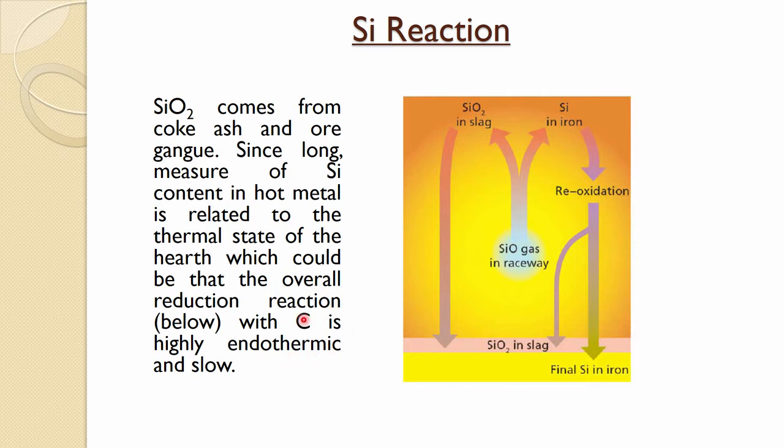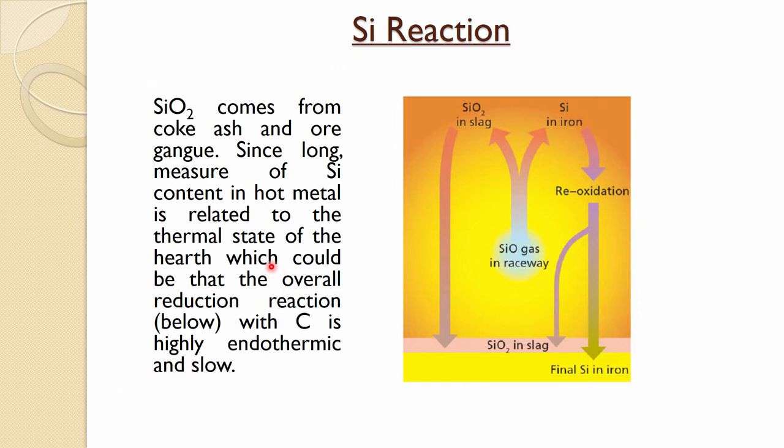Historically, SiO2 comes from coke ash and ore gangue, and for a long time the measure of silicon content in hot metal has been related to the thermal state of the hearth, because the overall reduction reaction with carbon is highly endothermic and slow.